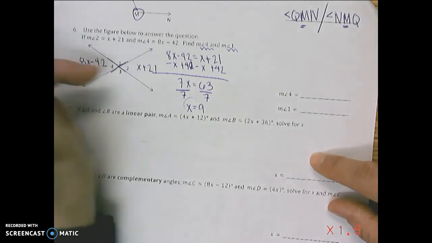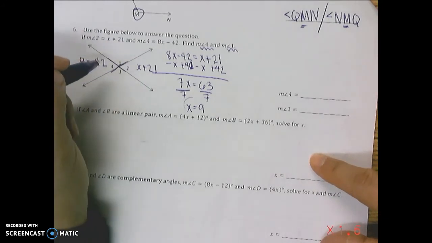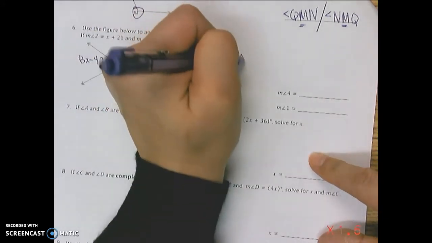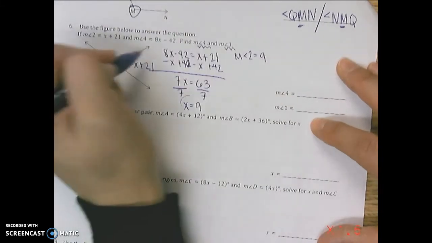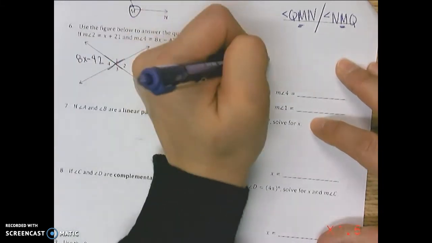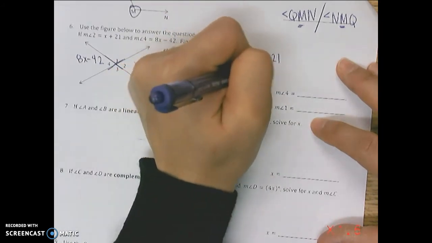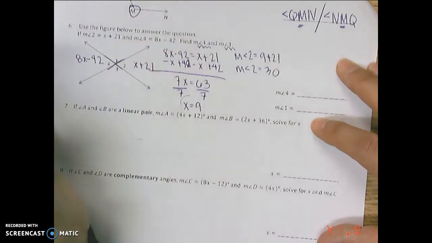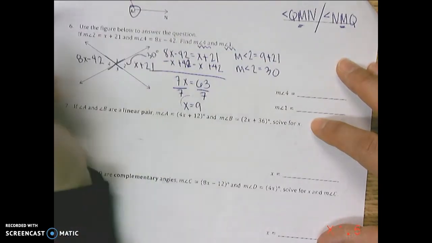Or I could plug it back into the measure of angle 2. Let's just go ahead and plug it back into the measure of angle 2. The measure of angle 2 equals 9 plus 21. Measure of angle 2 equals 30. So right here, I now know that this angle is 30 degrees.